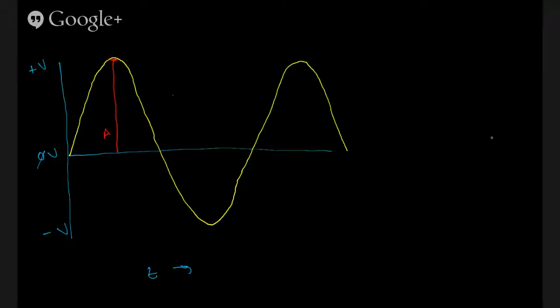The part of the wave that's in the positive cycle, this is the positive alternation. And conversely, this is a negative cycle or negative alternation.